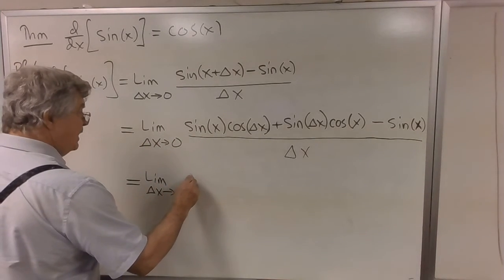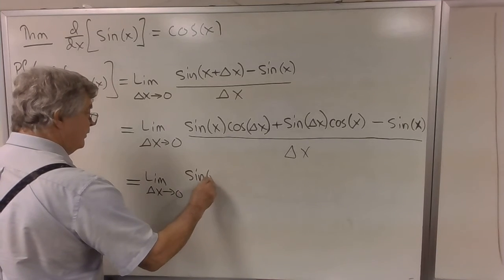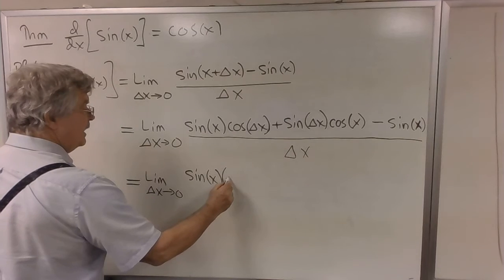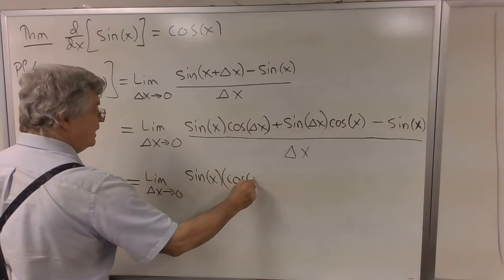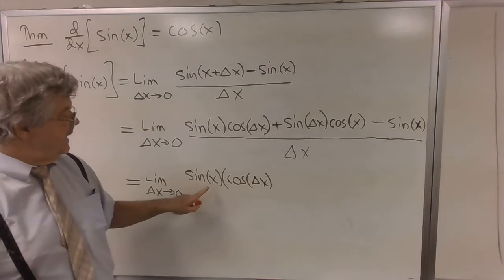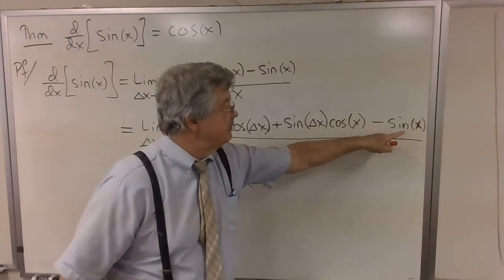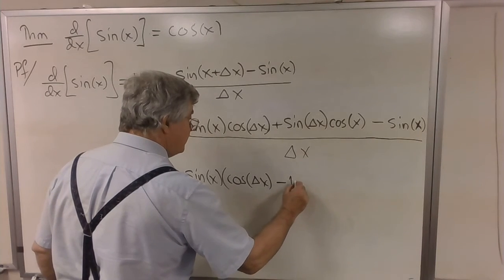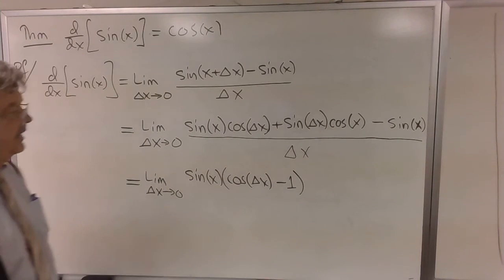So I'm going to take sine of x and factor it out of the first term. So I have cosine of delta x. I'm going to factor sine of x out of the last term. So that leaves me with minus 1. There.